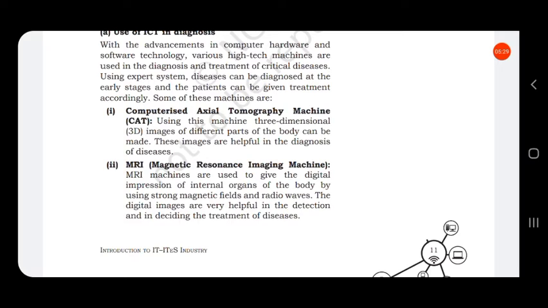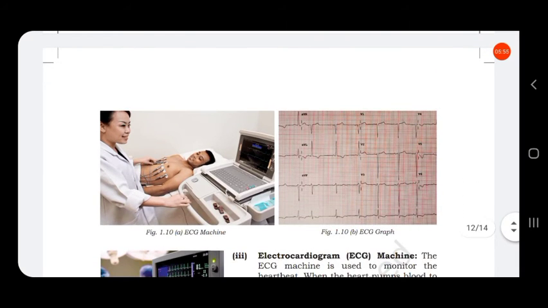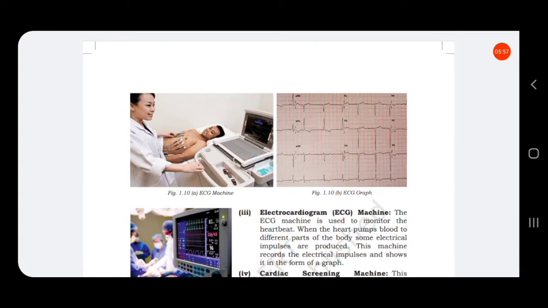So our internal body parts can be scanned or viewed using the magnetic resonance imaging machine, and it produces a digital printout of the scan. So the doctors can view the internal body parts in the form of a digital image, and this helps the doctors to identify the diseases the patients are suffering from and provide treatments accordingly.